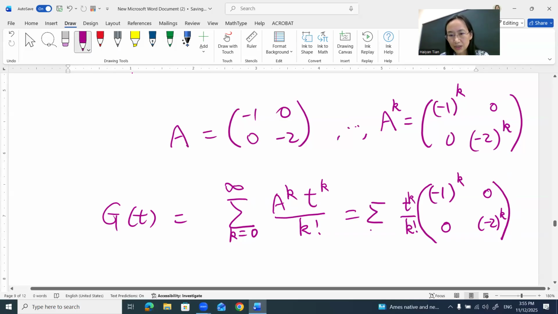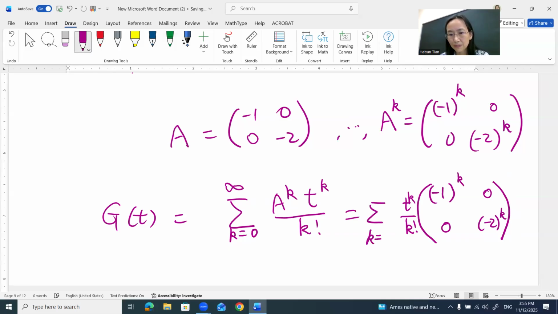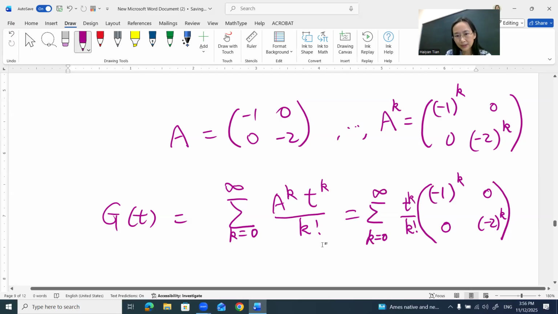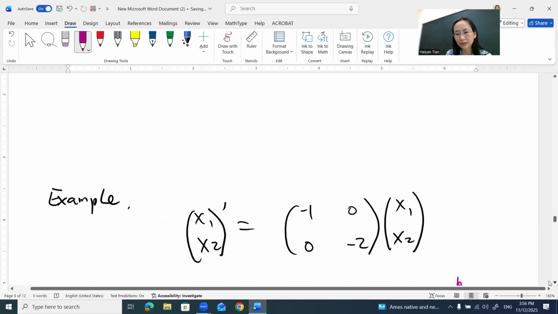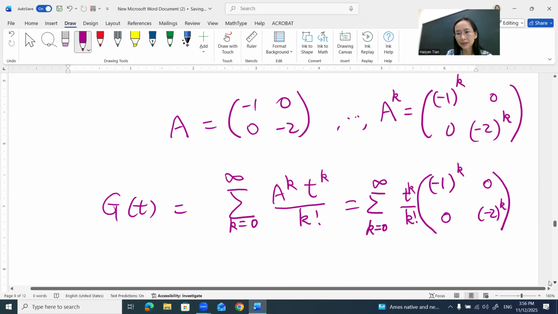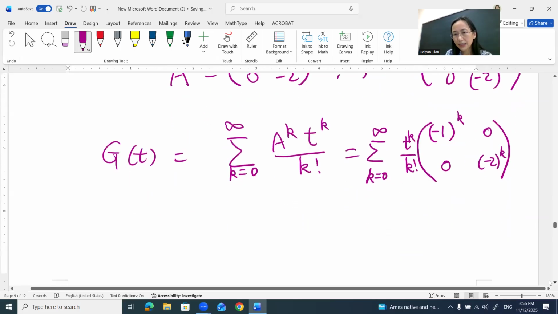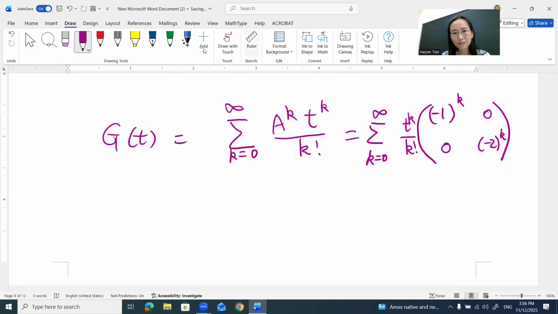Each term is a matrix of this form, K from 0 to infinity. So now, how do you add matrices? Let's continue to go from here to the next step.